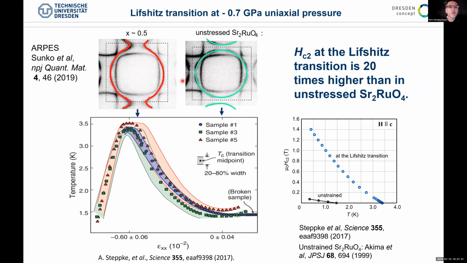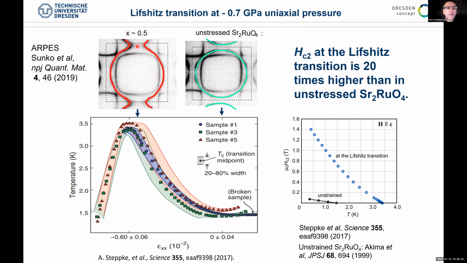So here's a picture now, new data, really to see this Van Hove singularity at this Lifshitz transition. Basically, if you apply something like 0.5% of uniaxial strain, in the ab plane the spherical Fermi surface touches the zone boundary, and then it turns and forms a longer open orbit here.